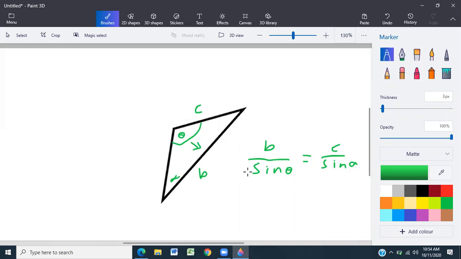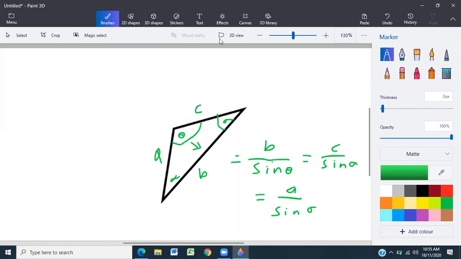So we just put B over sine theta. And we do the same with the other sides. And this other side, let's call it A. A over sine some other angle. Right? So the angle and the side opposite it, and we can create these ratios.